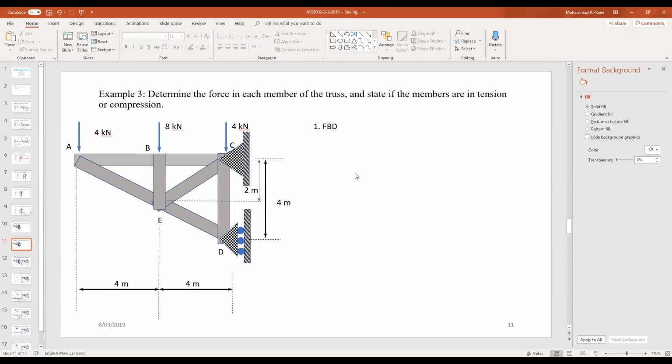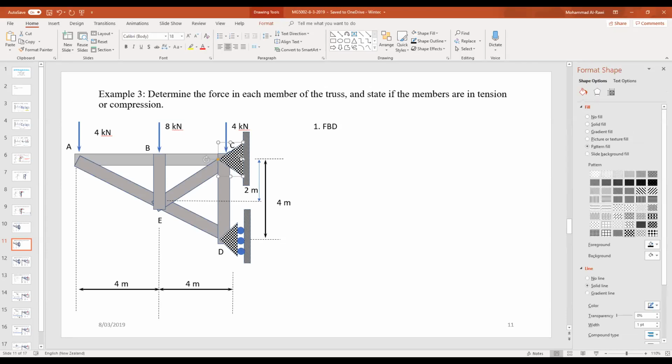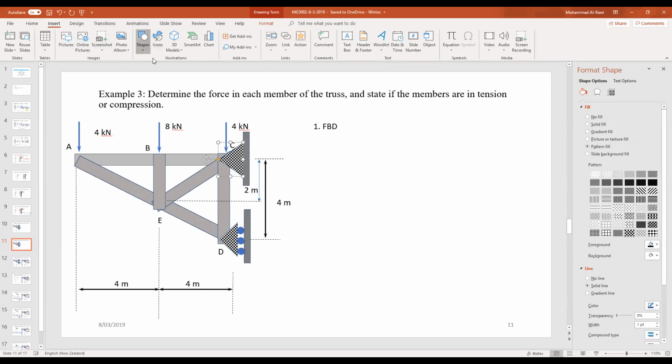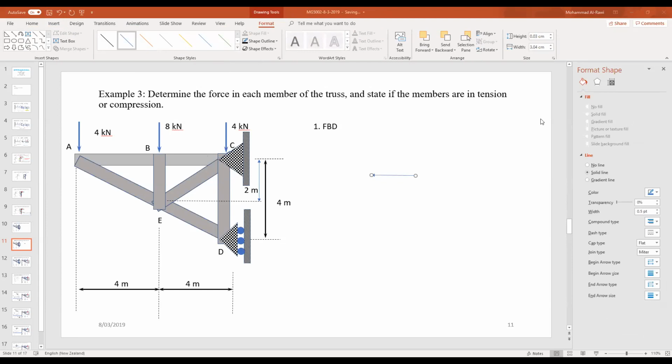So for a free body diagram, I need to take this geometry again and remove those fixed supports and roller supports, and change them to a type of force. So I will do this on top of that. I will select an arrow in that direction, and change the color to red.